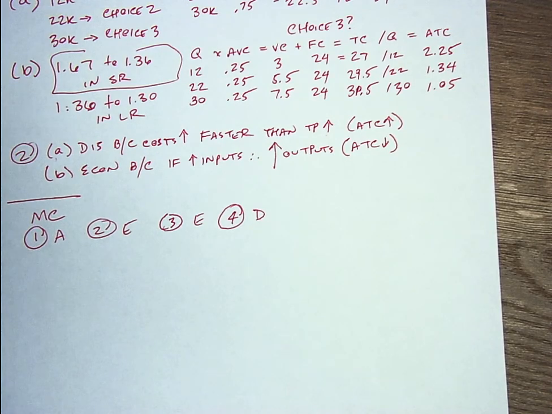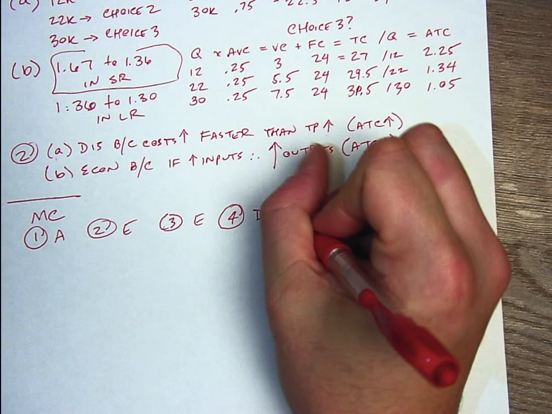Just because you had more people wouldn't necessarily make the ATC go down. And that's what we're talking about when we say economies of scale. We're saying ATC would be going down. Cities with more snowplows doesn't deal with it. Larger budgets wouldn't have an effect. Less snowfall would actually make the problem worse, and the ATC would be higher of clearing snow. So the only correct answer is E.